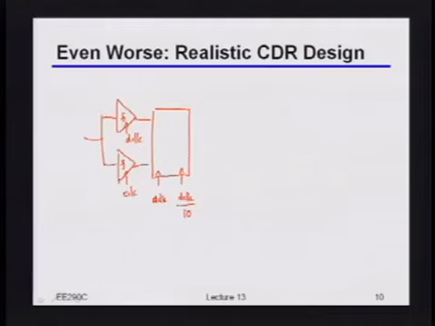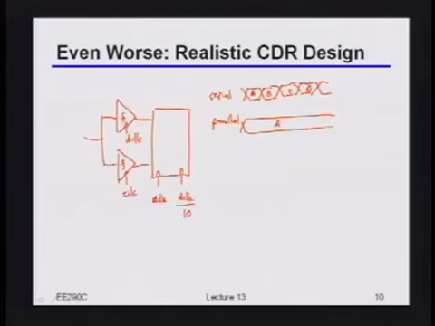So the idea would be that I have my incoming data stream coming in at, let's say, 12 gigabits per second. This is my so-called serial stream. The parallel stream would be, if this is A, B, C, D, I have this A for some period of time, I also have that B for some period of time, that C for some period of time, D, and so on.